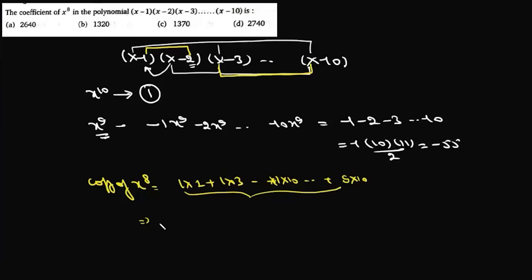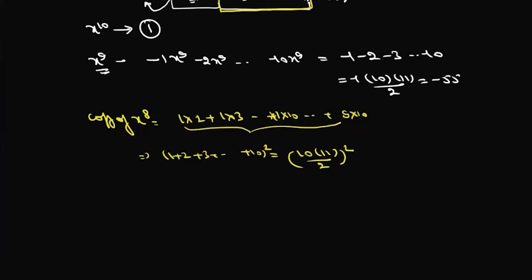Now we know that (1 plus 2 plus 3 up to 10) whole square is (n(n+1)/2) whole square. We can write this as a square plus b square plus up to 10 square, plus 2 times the terms ab, bc, ac, all these terms. So basically here we'll get the series which we are looking for, and let the series be s.